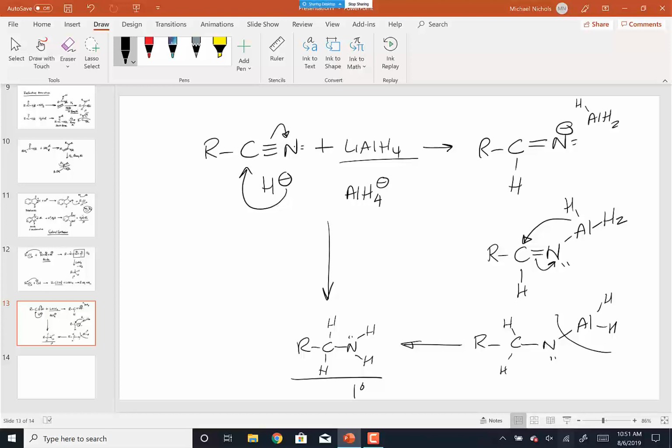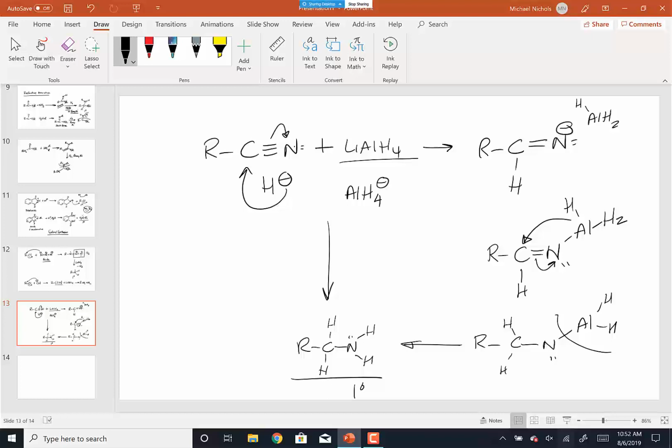And like many of these organometallic reagents, there is an issue of the aluminum actually being involved. So that's another way we can make an amine. Lithium aluminum hydride reduction of C triple bond N is basically like adding 2 H2s. So that's how we make amines.